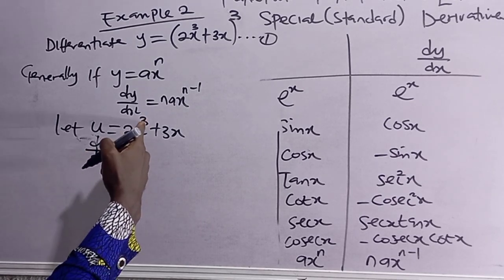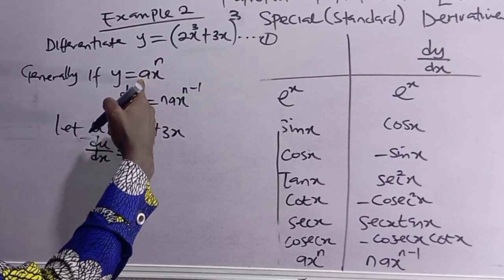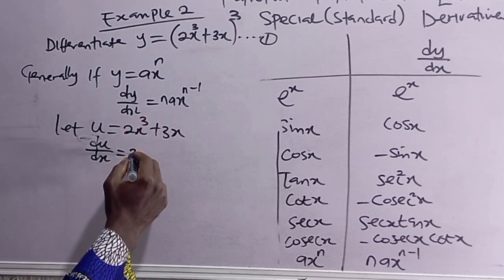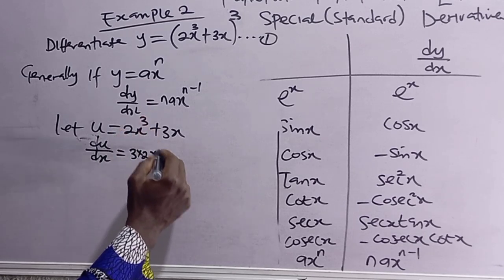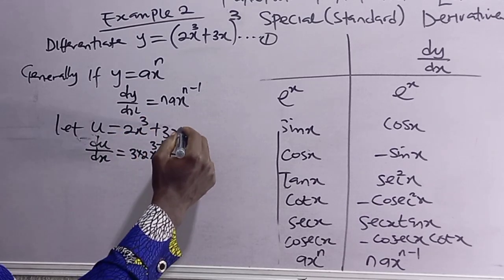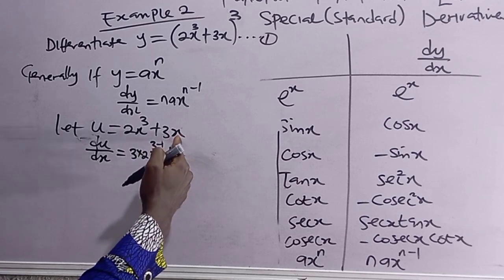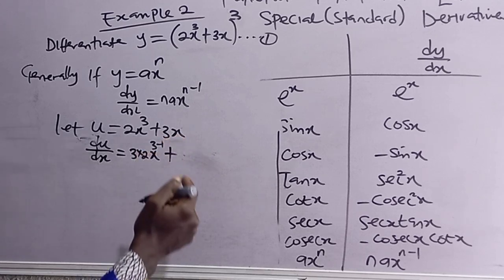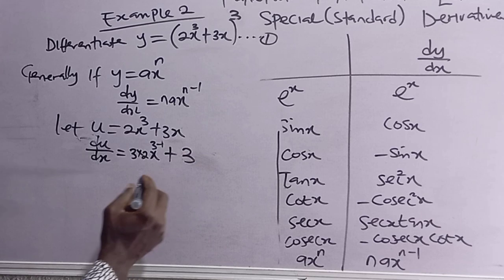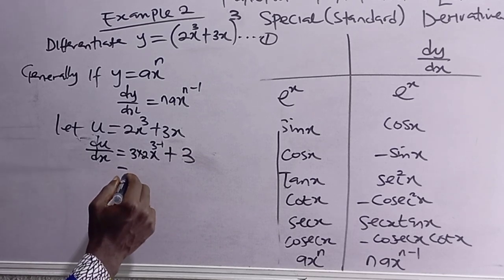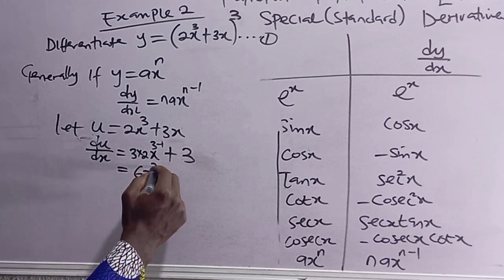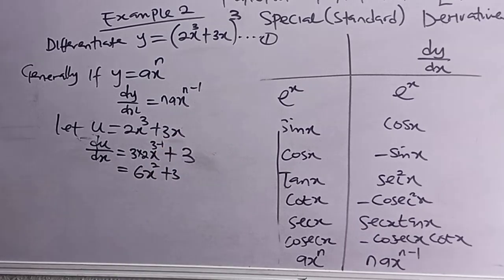And 3 will multiply 2, and we subtract 1 from the power. So here we have 3 times 2x, 3 minus 1. Here the derivative is just the coefficient of x, which is 3. I've explained this earlier. So we have 3, and this now becomes 6x squared plus 3.